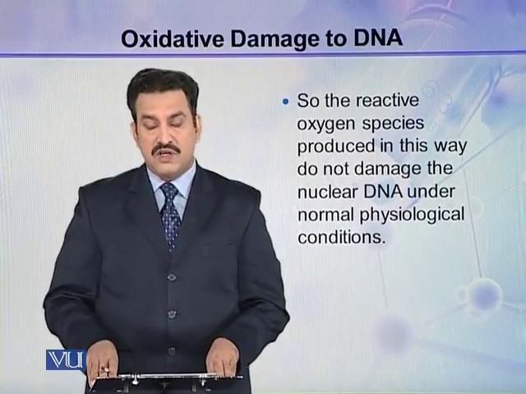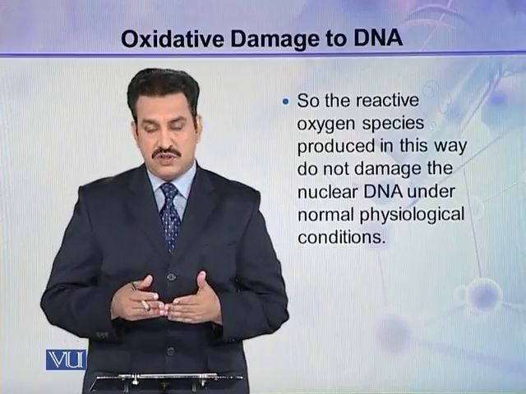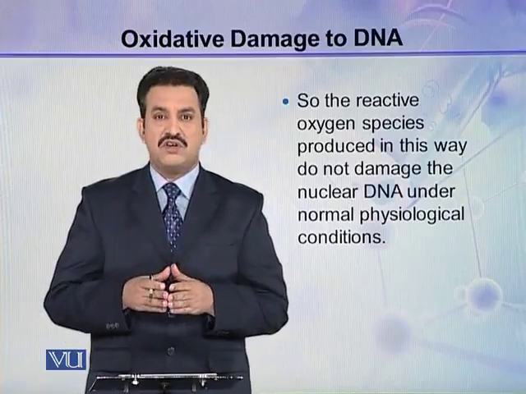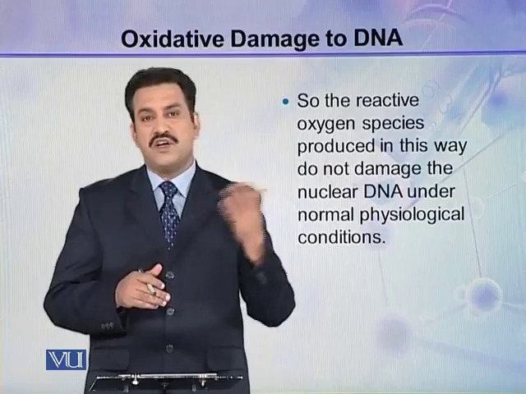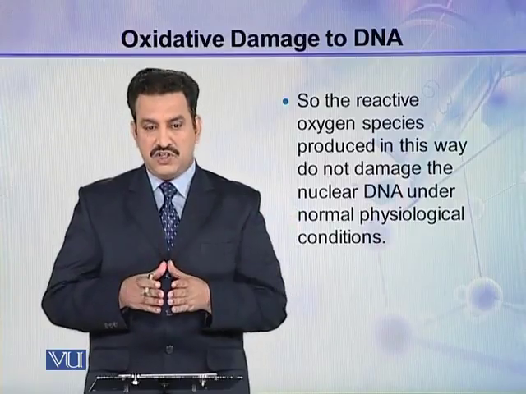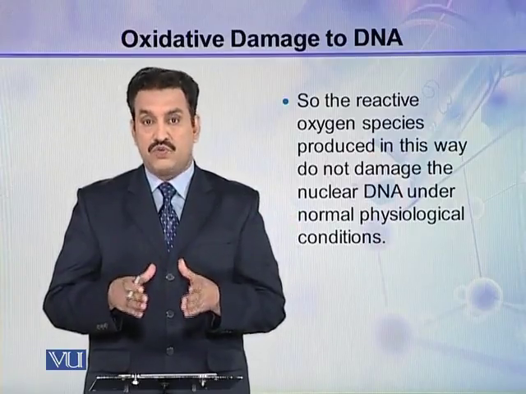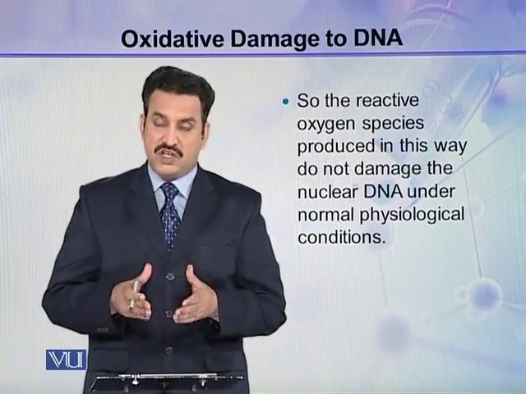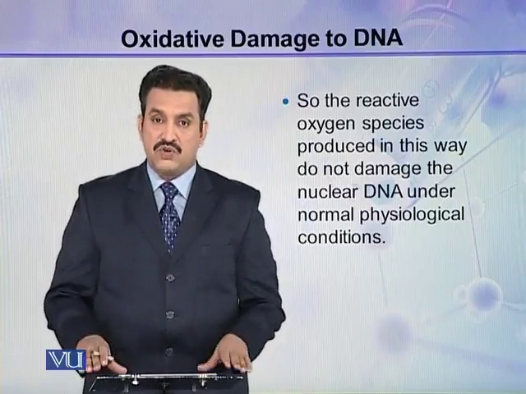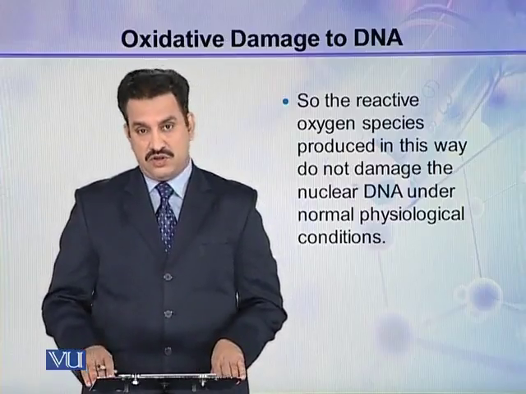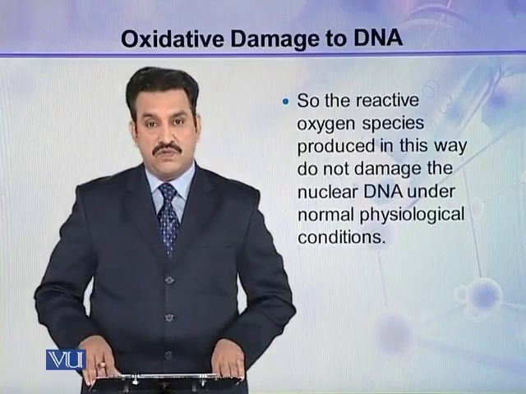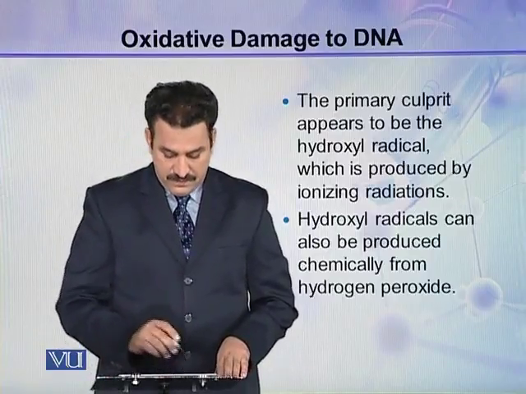So normally, as you know, these reactive species are not even released outside the ETC or outside the organelles where the ETC is taking place. So these are not the reason for damage to the DNA.